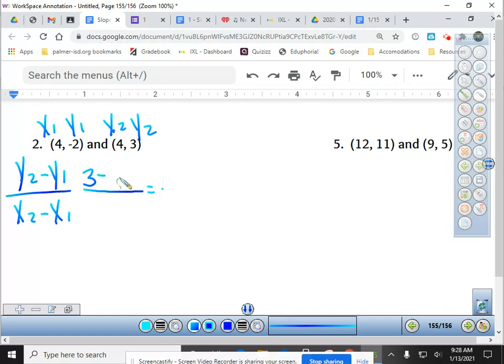What is Y1? Negative 2. Look at the board. 3 minus negative 2. You have to do that like that, okay? We'll get there in a minute. What's X2? 4. Minus 4. That gives you 5 over what? 0. You can't do that, right? Can you divide by 0?